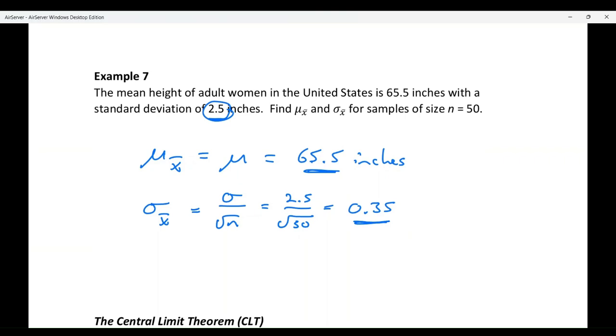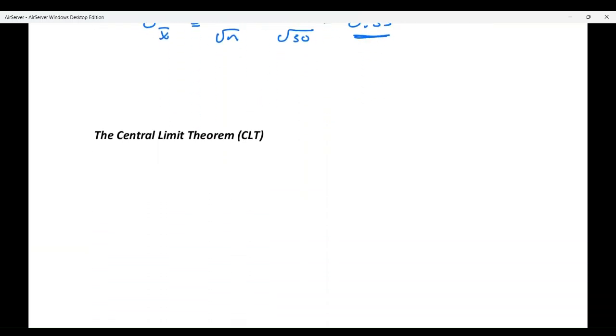So the idea is that when we're using normal distributions, when we're thinking about the formulas and values that we're finding from that, we have to be conscious of our sample sizes in terms of whether that sample size is large enough to produce the results that we would expect. So the central limit theorem basically says that.